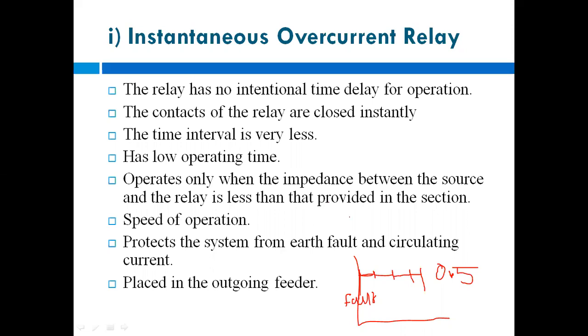Impedance is less means the current flowing through the circuit is more. So that time only this relay operates. This relay operates very fast, and it is placed in the outgoing feeder.